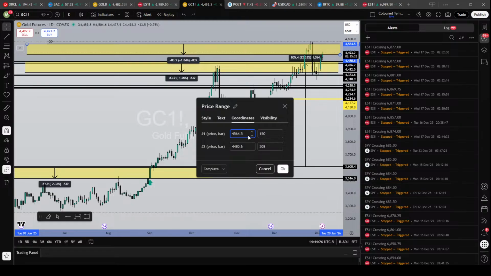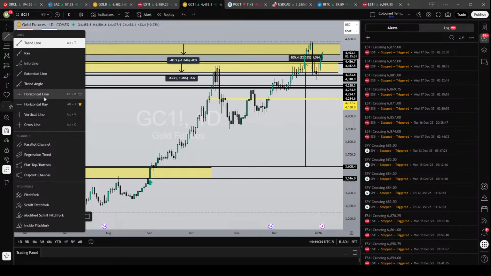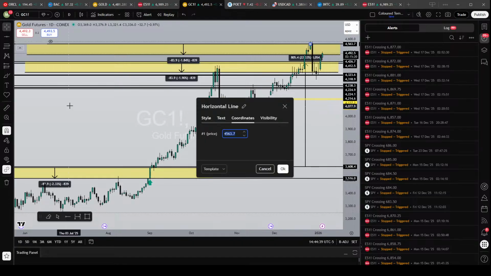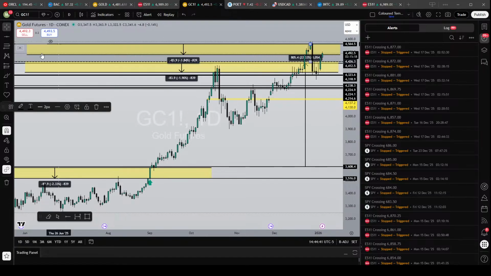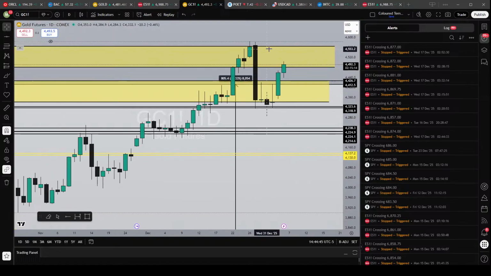Mark this level on your charts manually, because that's a calculated spot for gold based on where they actually broke. Whatever that level is, mark it manually, because that's what you're going to have to open above and close above in order to clear this.